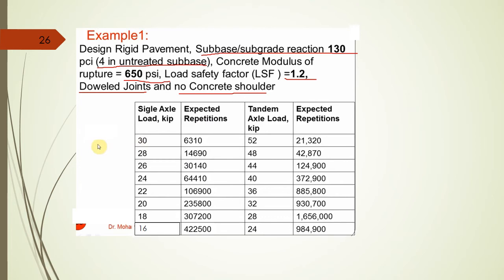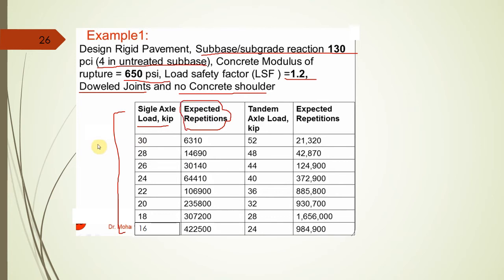And we are given this traffic study: axle weight, single axle load in kilopounds, and the expected repetitions, or you can name this column the actual repetitions.